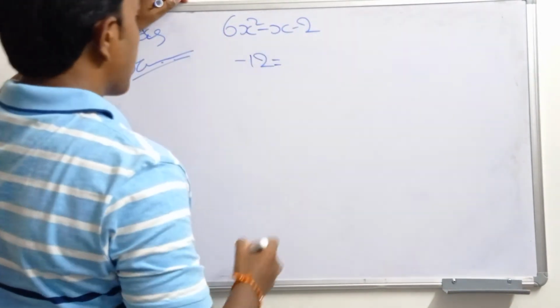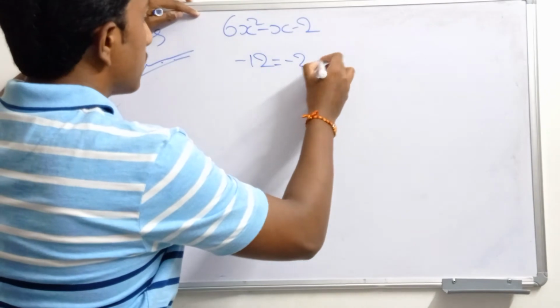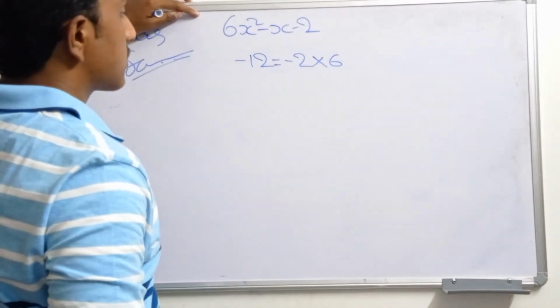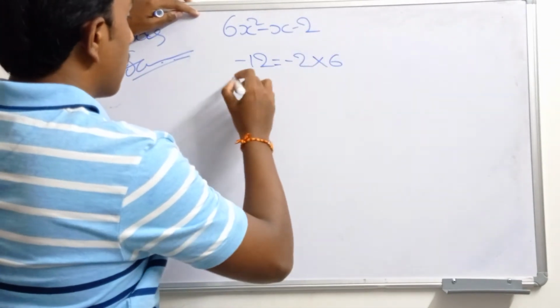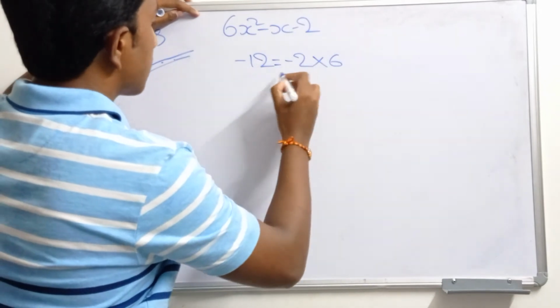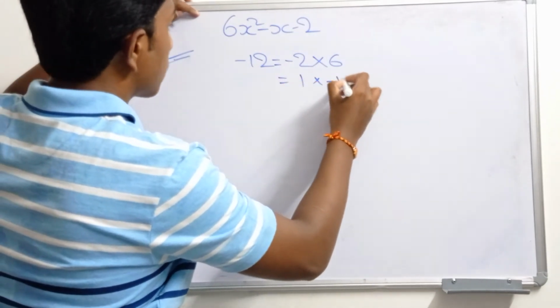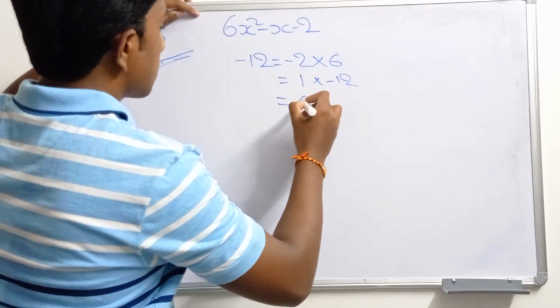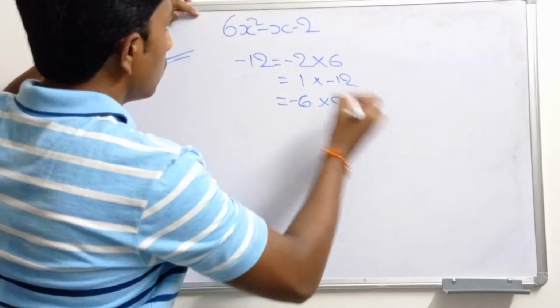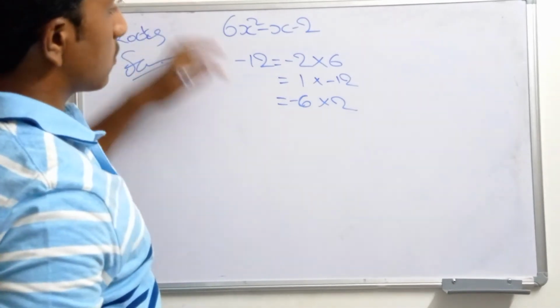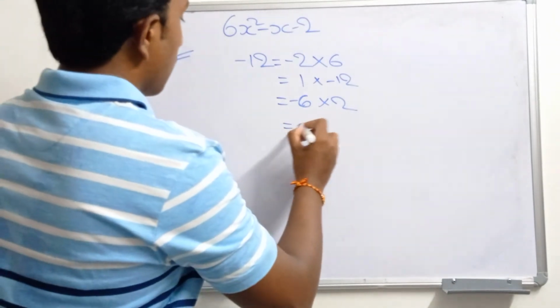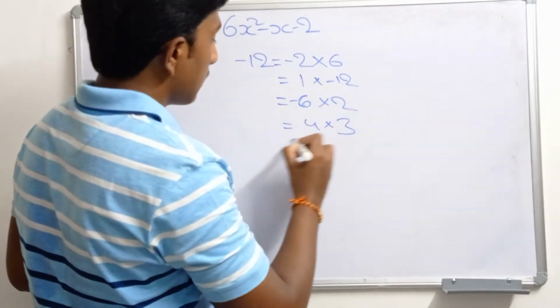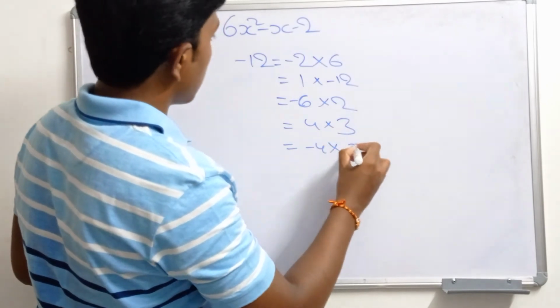The factors of −12 are −2 into 6. This is the first one. Or else −12 is equal to 1 into −12, or −6 into 2.